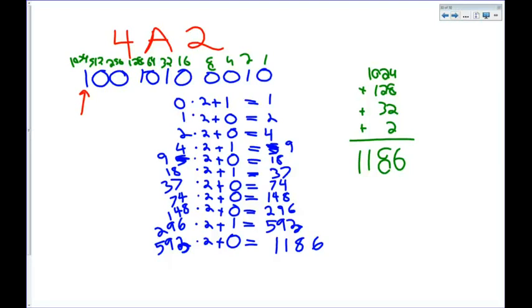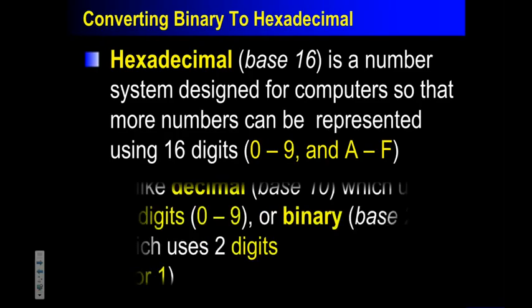So that'd be 4. 4 times 16. Anyone want to do that one? What's 4 times 16? Plus A, which is 10, which is 74. So it'd be 74 times 16 plus 2. And as Jesse said, using math, you're going to get 1,186, right? So it's the same basic process.